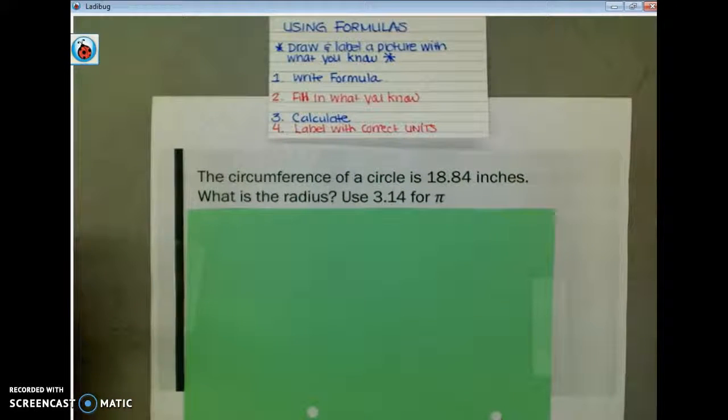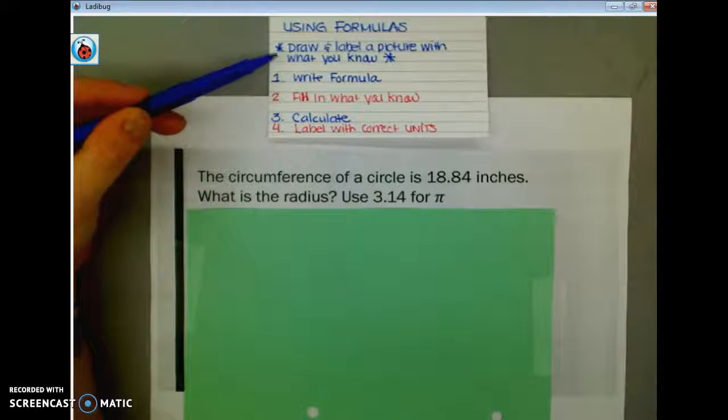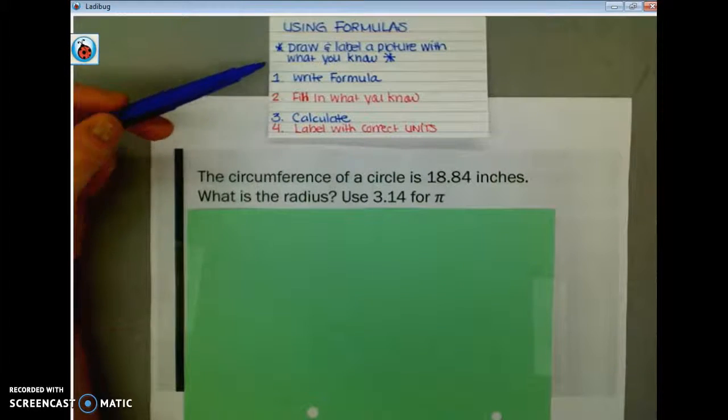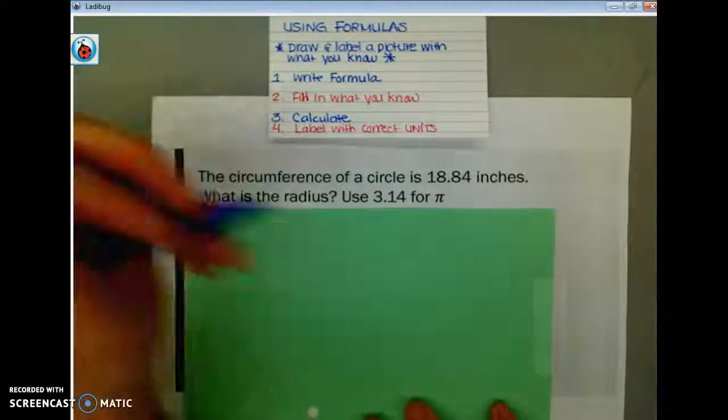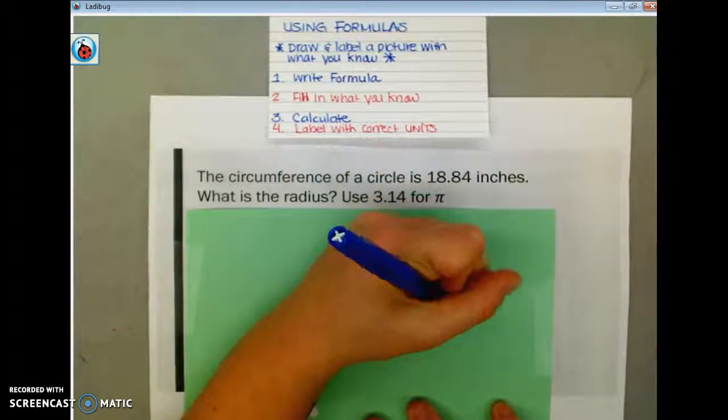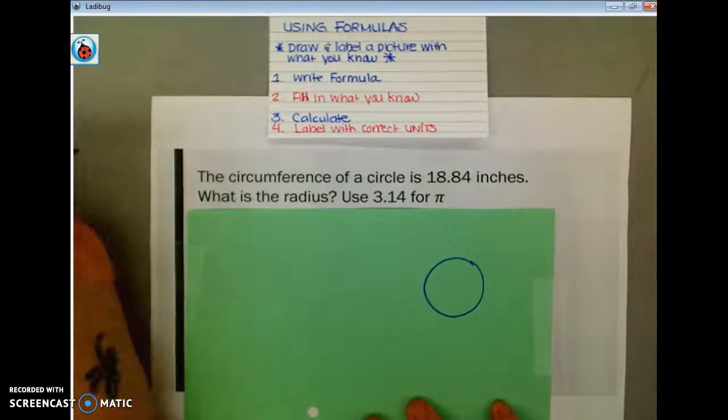In this one, we're talking about the circumference of a circle. As soon as I read the problem, again, it might be helpful to draw a picture to help visualize it, and also start with the formula. I'm talking about a circle, so I'm going to make my circle.